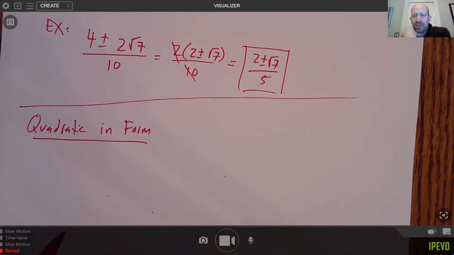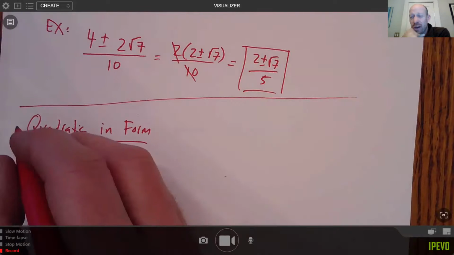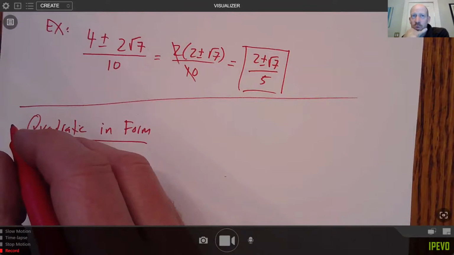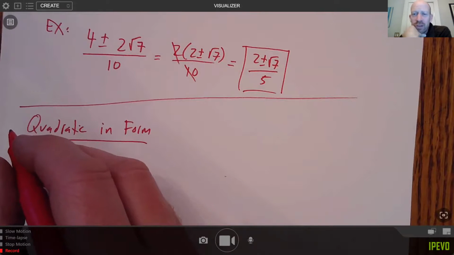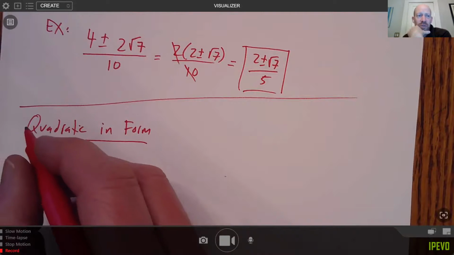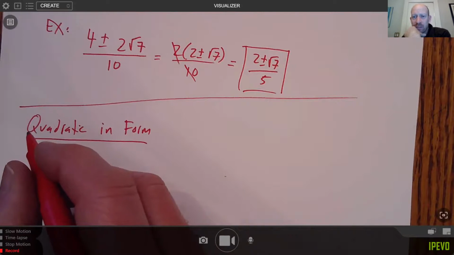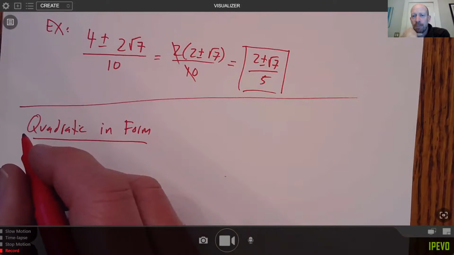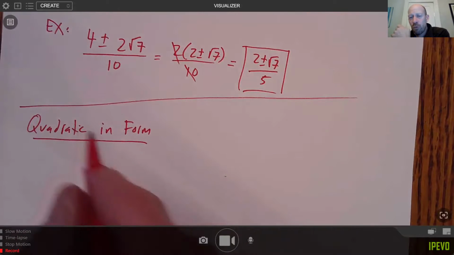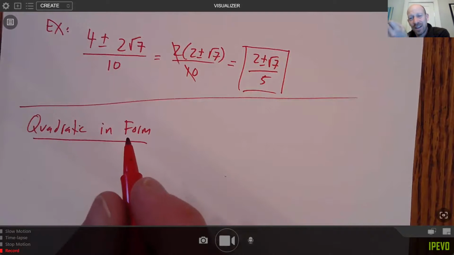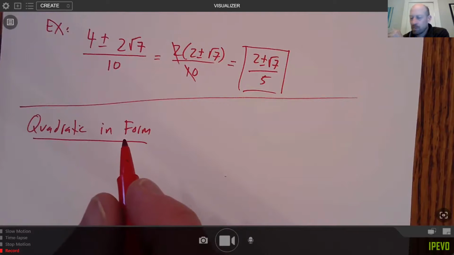So the idea of this section, and this would be your third section in the homework, if you're working on the take home, you'll want to make sure you've completed that before trying that homework problem. Quadratic in form means even though it may not technically be a quadratic, x squared plus x plus c, we can still solve it using those same methods.